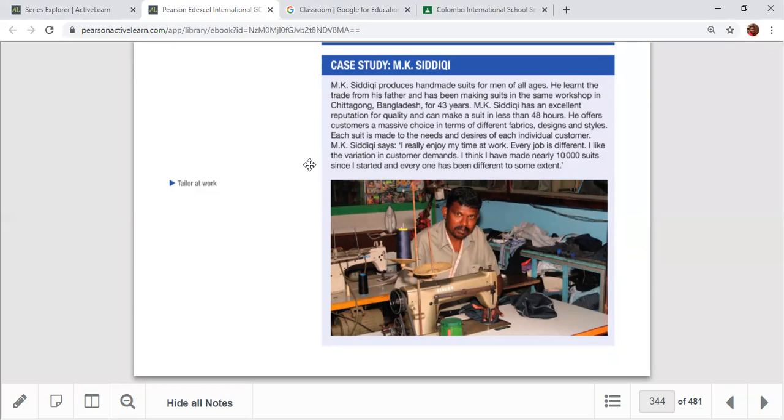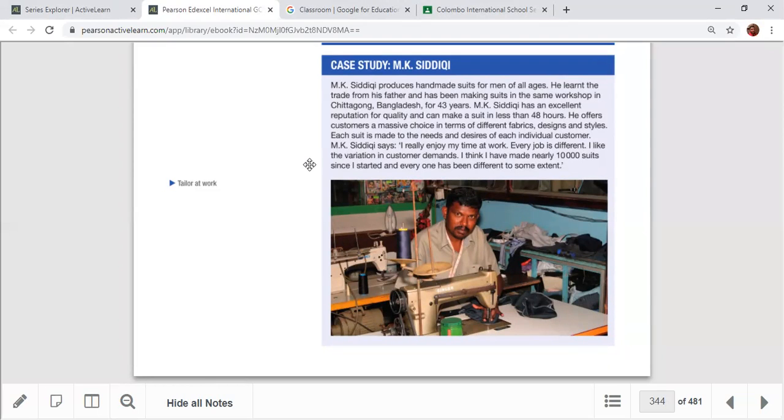Mr. Siddiqui has an excellent reputation for quality and can make a suit in less than 48 hours, within 2 days. He offers customers a massive choice of different fabrics, designs, and styles. Each suit is made to the needs and desires of each individual customer. He says, I really enjoy my time at work.